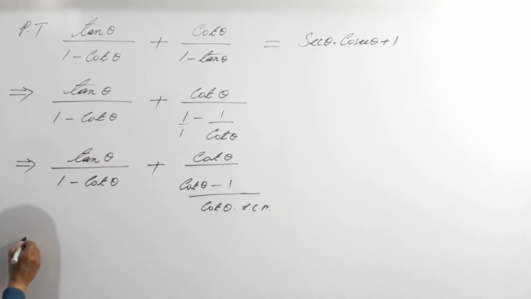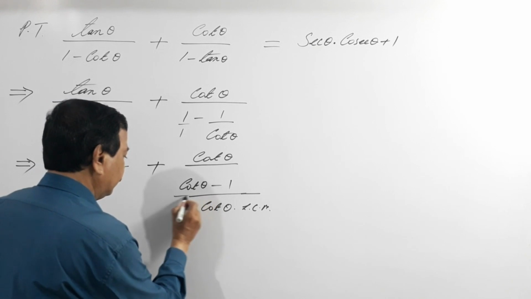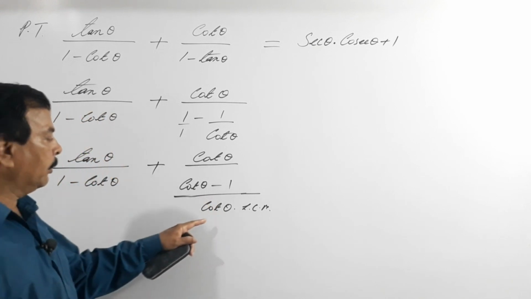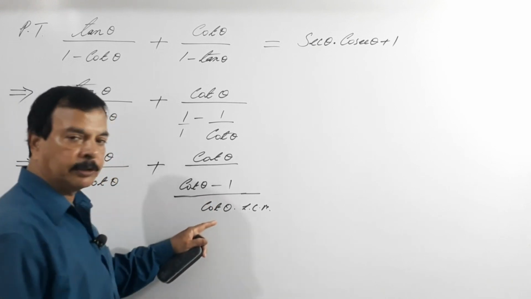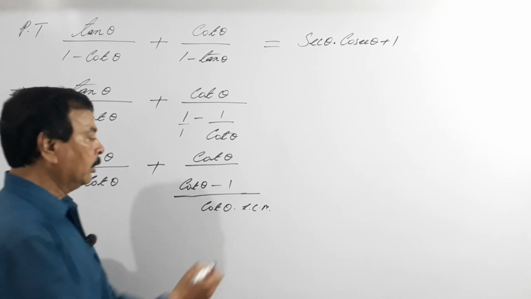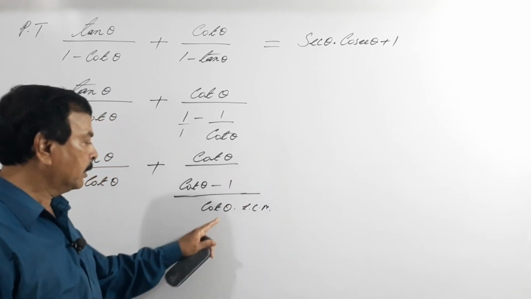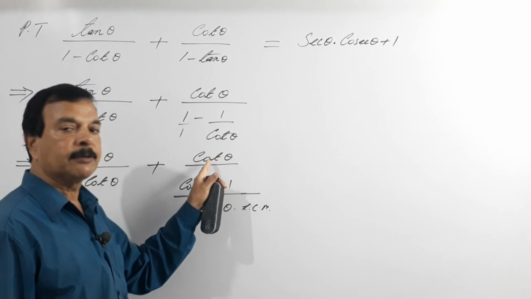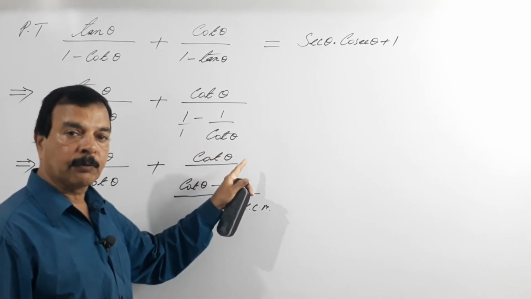So next step. I'll send this cot theta, which is in the denominator of the denominator, to the numerator. What happens? Cot goes to the numerator, multiplies with this cot and becomes cot square theta.